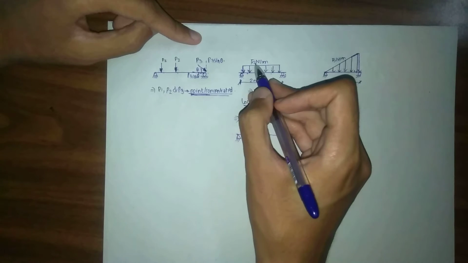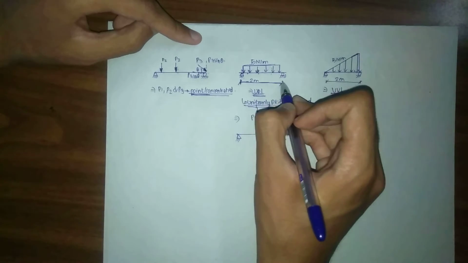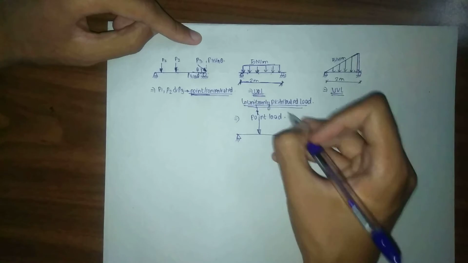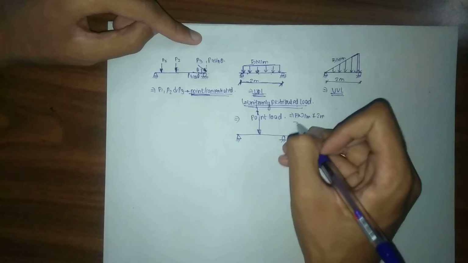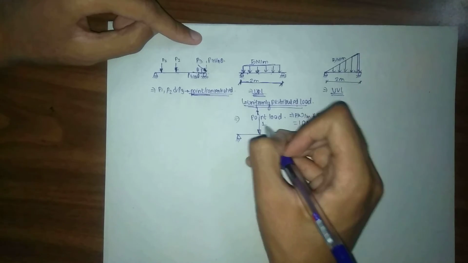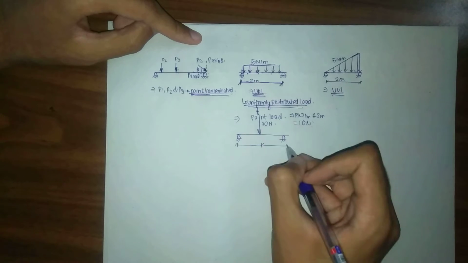We simply multiply the value of UDL with the span over which it is applied. So we multiply 5 newton per meter with 2 meters, and we get a value of 10 newton, and this load acts at the midpoint of its span.